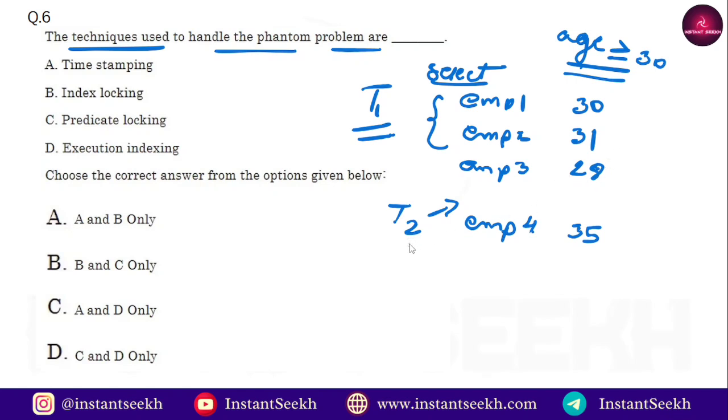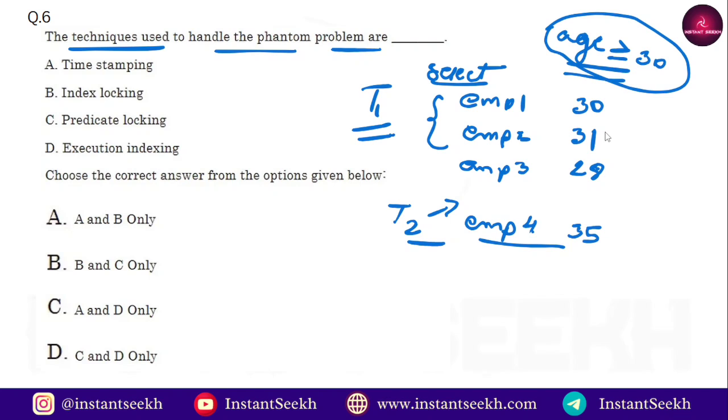At the same time, transaction T2 is inserting a record that satisfies this condition. This problem is known as the phantom problem. This can lead to inconsistent results.